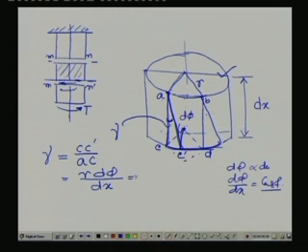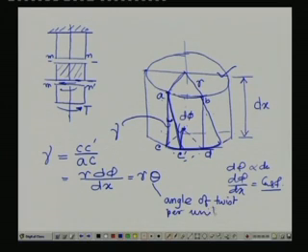So, we write this as r theta. This theta is a constant and it is referred to as the angle of twist per unit length.